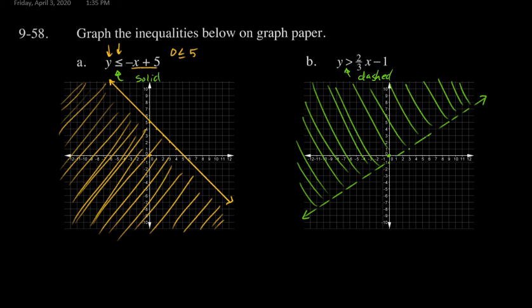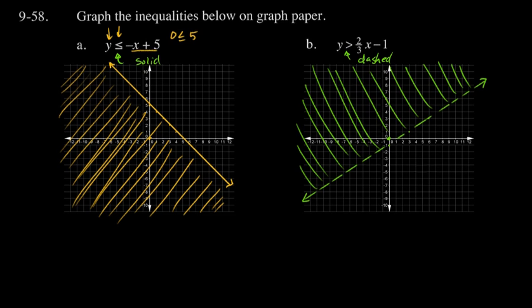In the case of B, y's are above. And also, if 0, 0 is available as a test point, it's also nice to get that confirmation by plugging in x is 0, y is 0, and making sure that it makes it either true, as it did in this case. If it made it false, then that would just be confirmation that I would be shading in the opposite side. All right, so that's it for question number 58 in section 9.2.2.